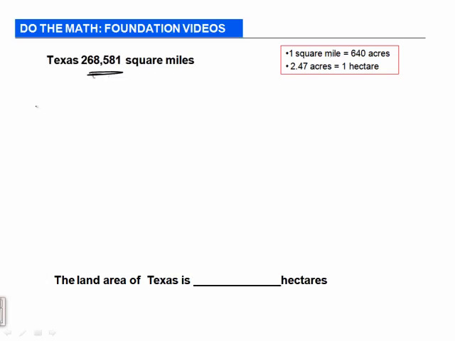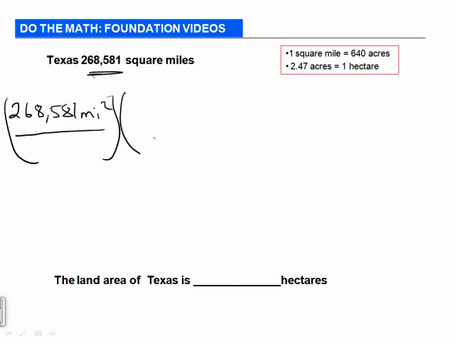Texas has a lot bigger number of square miles. Let's see how that is. 268,581 miles squared. And what have I got? 1 mile squared is equal to 640 acres, right?